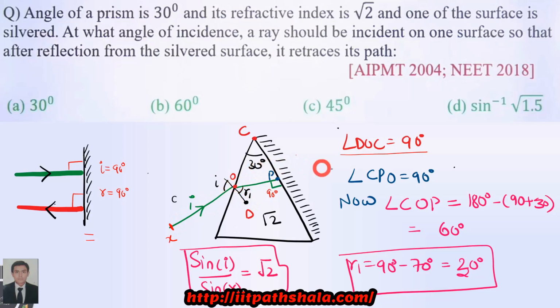Now my angle CPO is nothing but a 90 degree angle over here. Again I know that OCP is nothing but 30 degree as given to me. So the first step to find the angle i is using the refraction law itself, which says sine i by sine r, because you are going from air to prism medium. So sine i by sine r should be equal to root 2.